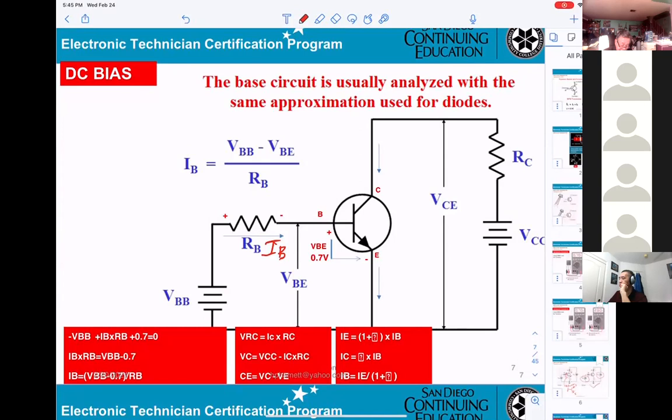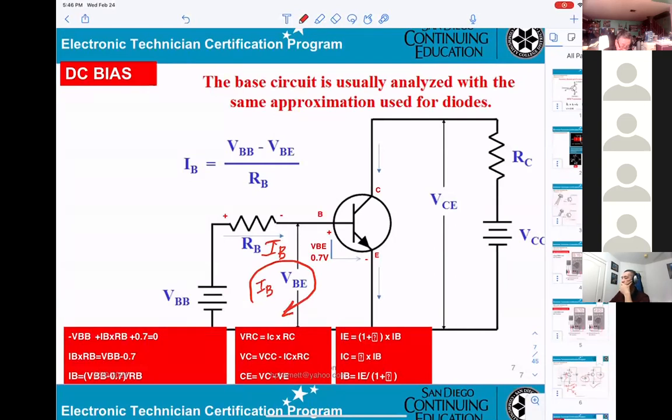You suppose the current will be going this way. That current will be IB, right? Then we can write the voltage adding up; it's supposed to be 0.